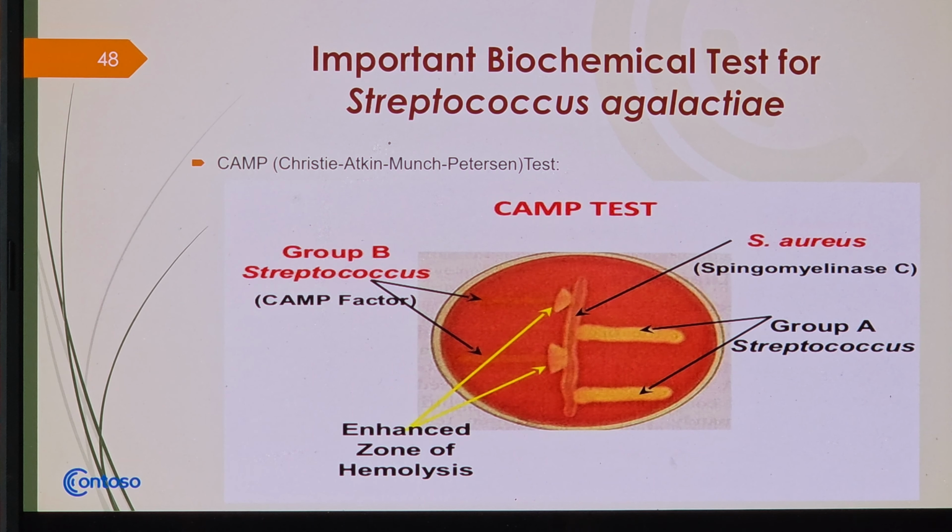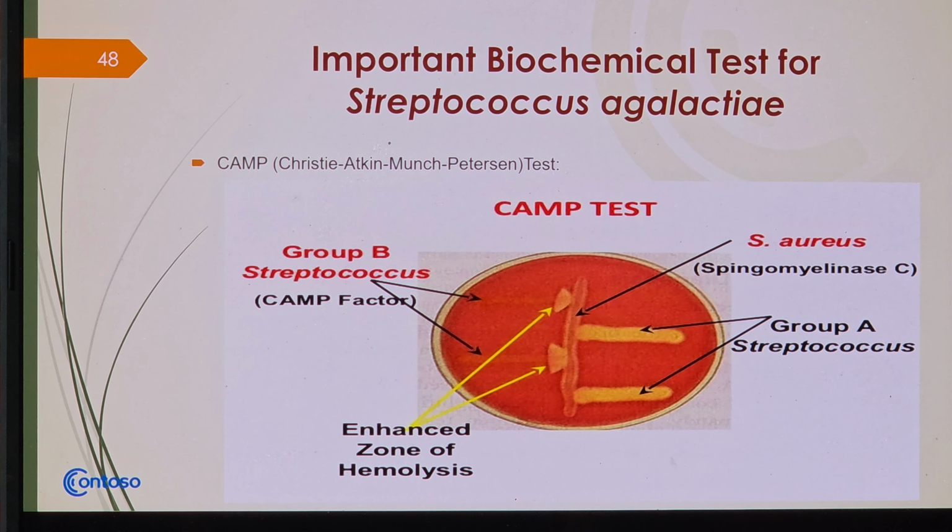When group B Streptococcus is streaked on a blood agar plate perpendicular to Staphylococcus aureus, an enhanced arrowhead-shaped hemolysis is produced at their junction, pointing towards the Staphylococcus aureus streak line. So here in the picture, at the center the Staphylococcus aureus is streaked, then perpendicular to it the Streptococcus agalactiae is streaked. Then it is incubated at 37 degrees centigrade for 24 hours.